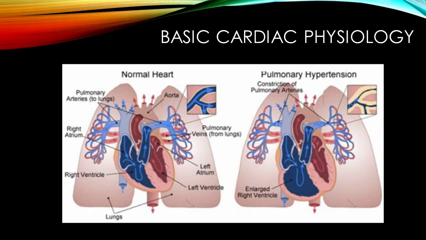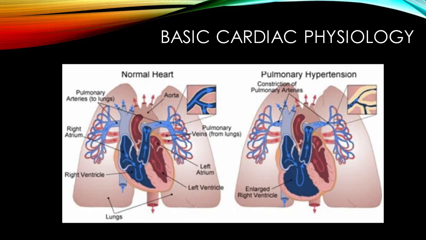So on the left here is a normal heart. Again, you see the right side of the heart here and the left side of the heart here. In patients that have pulmonary hypertension, you notice that the right side of the heart is enlarged. And this is because of elevated blood pressures out in the pulmonary vascular bed.